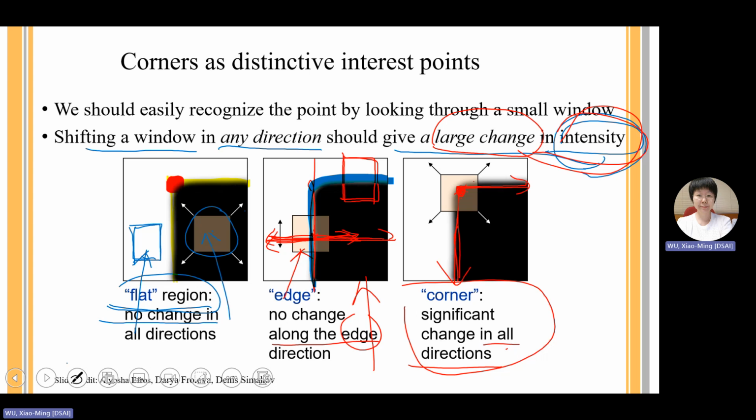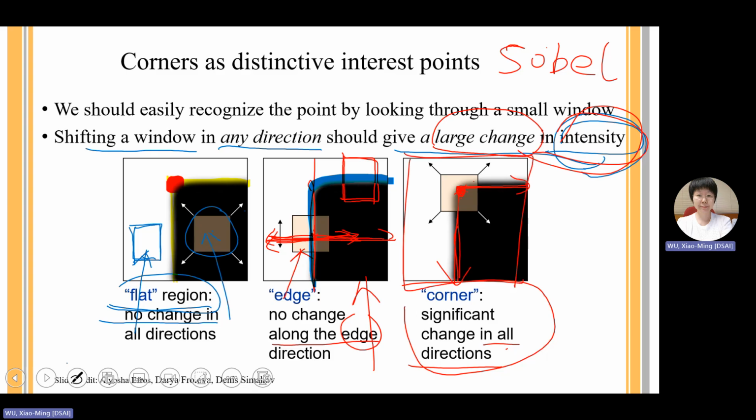Just apply image gradients, comparing neighborhood image pixels, and apply Sobel, derivative of Gaussian to deal with noise. We also remove redundant edge pixels using non-maximum suppression, etc. Then what about corners?